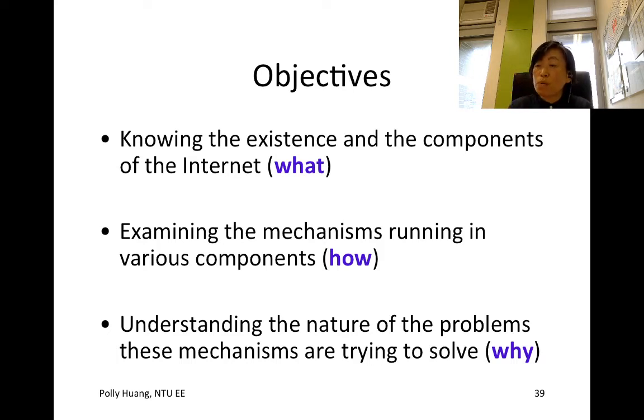There are usually multiple alternatives. So in the process of learning them and comparing these alternative mechanisms, you will see also why the internet chooses to implement one over the others. Okay, so what, how, and why.